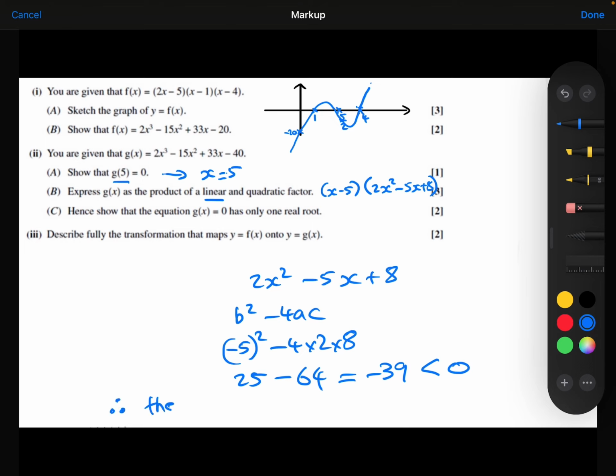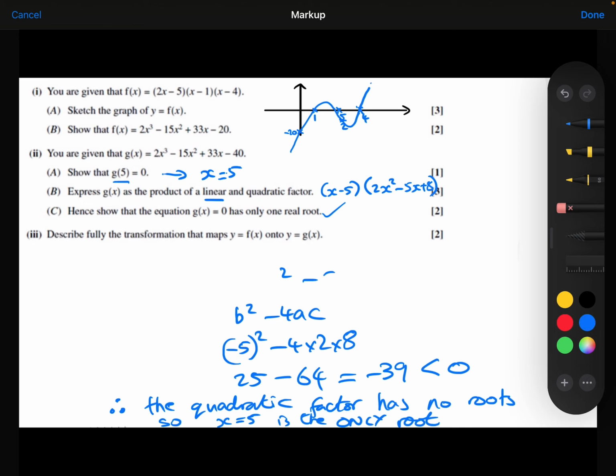Therefore, the quadratic factor has no roots, so x equals 5 is the only root. So that's part C of this question done.